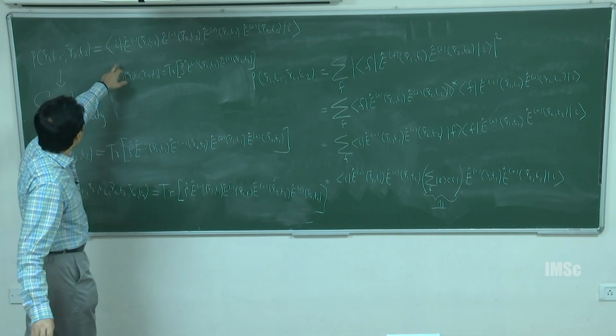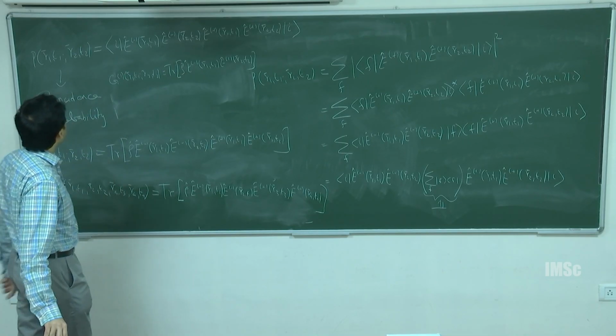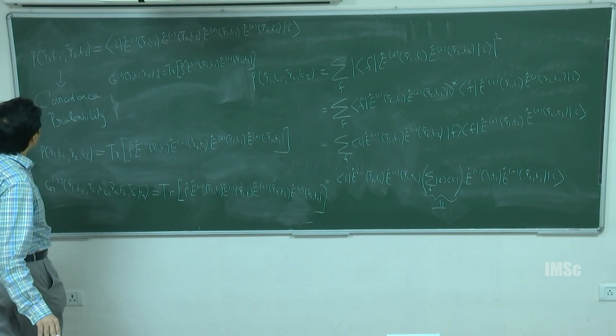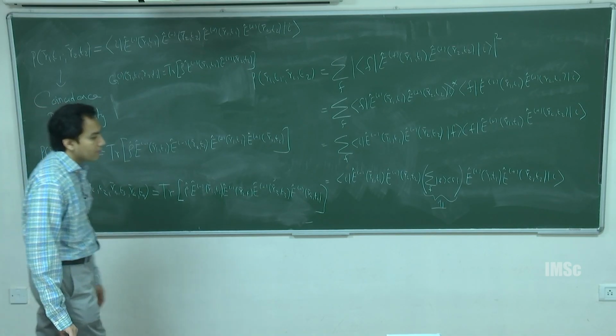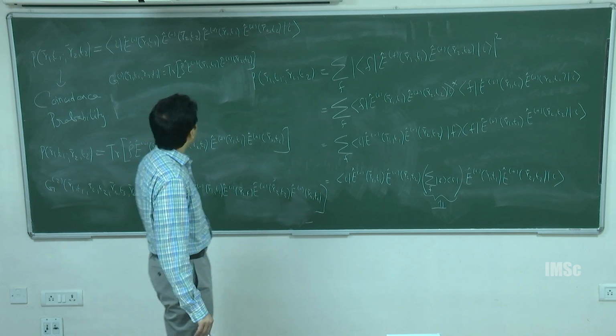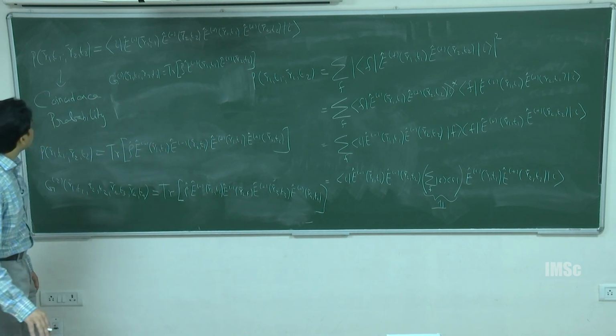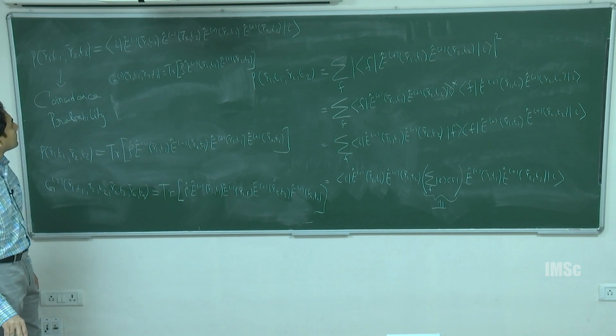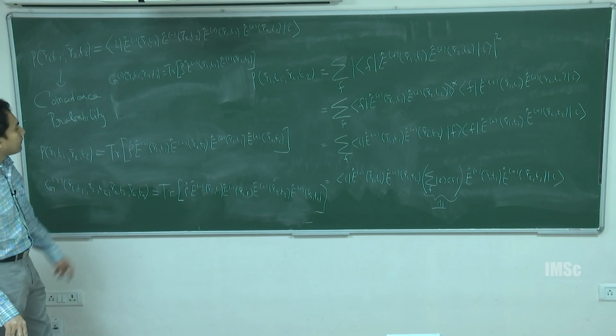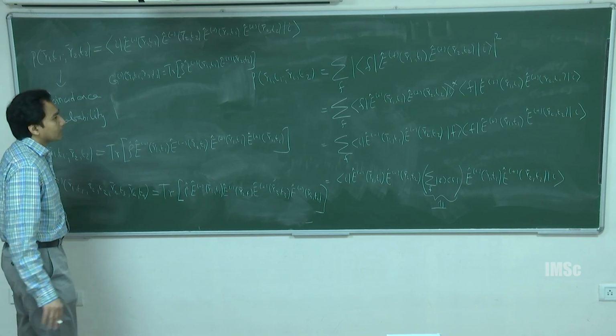And this is how you calculate the joint probability of detection. So this is the coincidence probability, the probability of detecting a photon at R1 T1 and another photon at R2 T2. Okay, this one. Okay, sir.